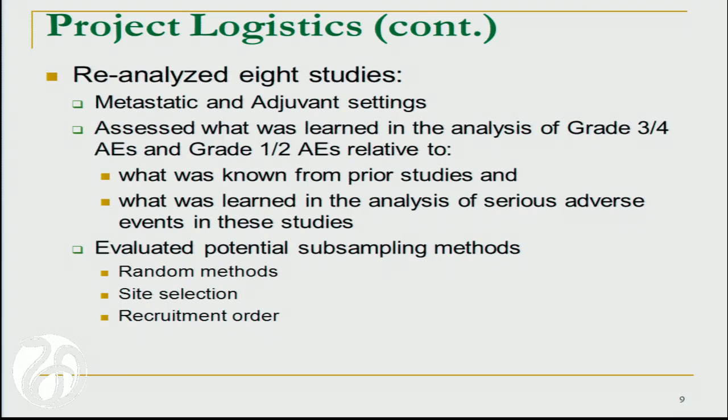And we were interested in learning what we would learn regarding grade 3 and 4 adverse events, as well as grade 1 and 2 adverse events, relating to what was previously known from the safety database already available for the study, what we learned from analyzing the simulations in the study, and then what was already available in the medical or clinical literature regarding the particular drug.